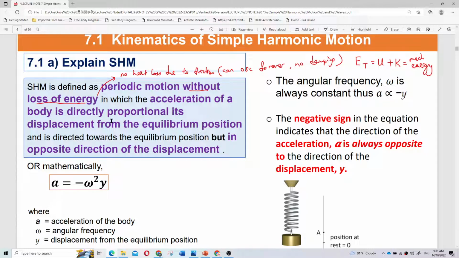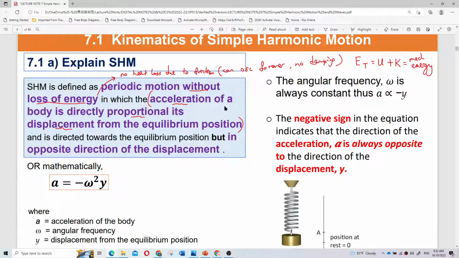Directly proportional, what does it mean? This is one statement: acceleration proportional to what? Displacement from equilibrium. So, acceleration proportional to displacement.